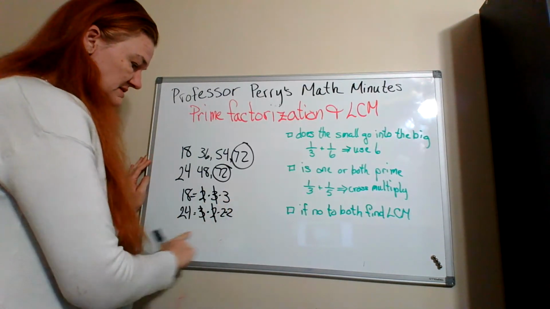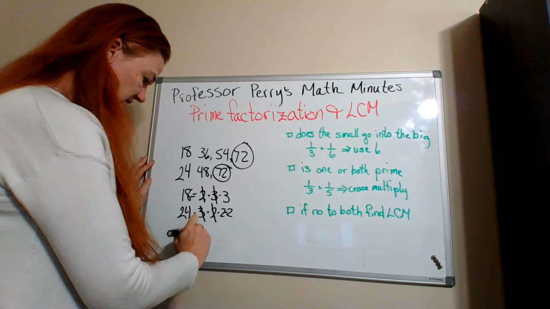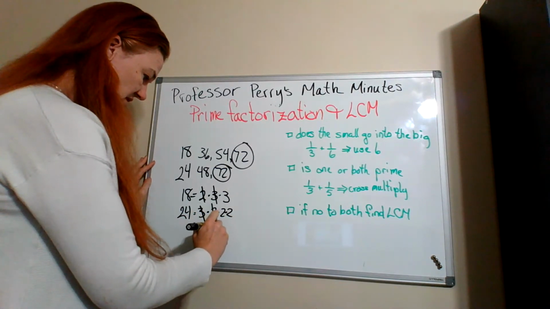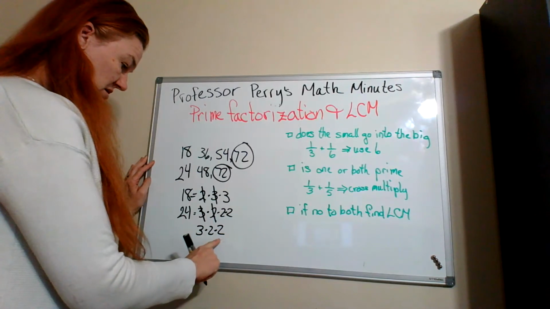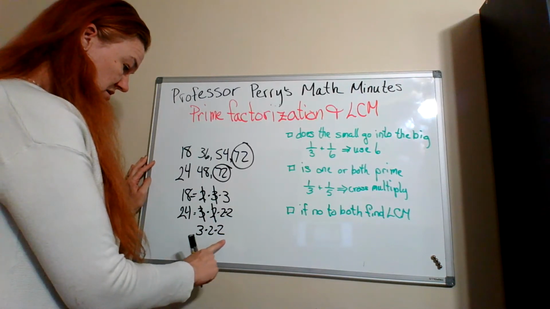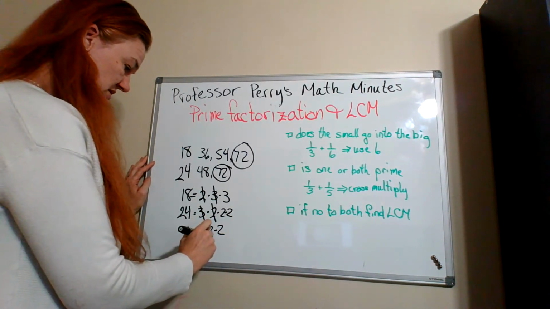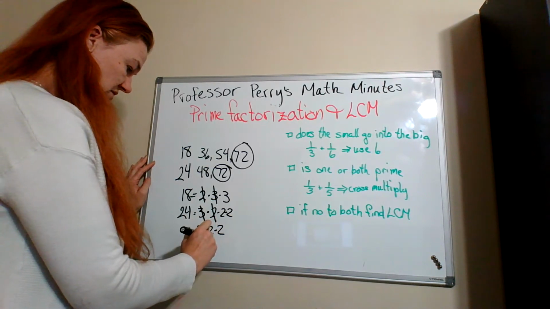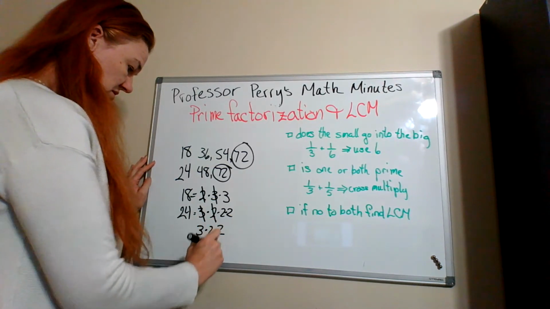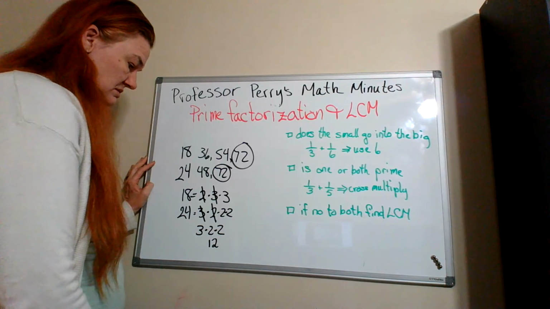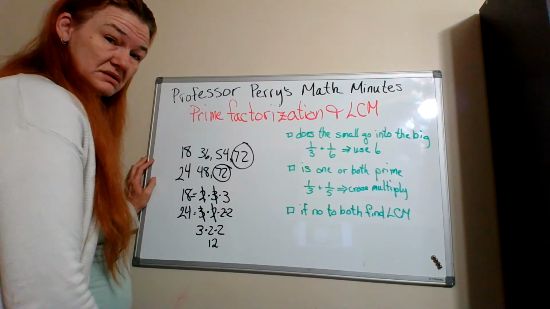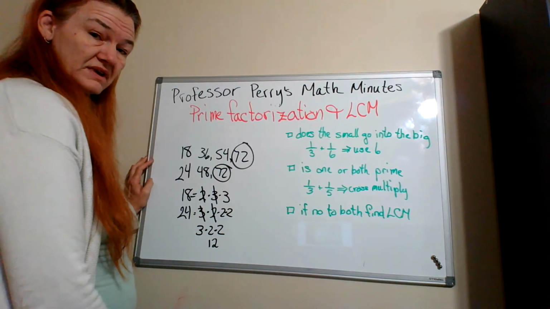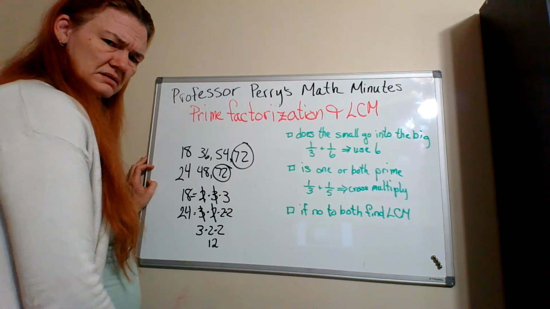Okay, now everything that's left you multiply together. 3 times 2 times 2. 3 times 2 is 6, times 2 is 12. I think I did something wrong. That's the greatest common factor.